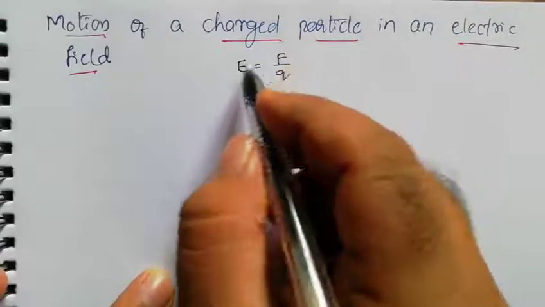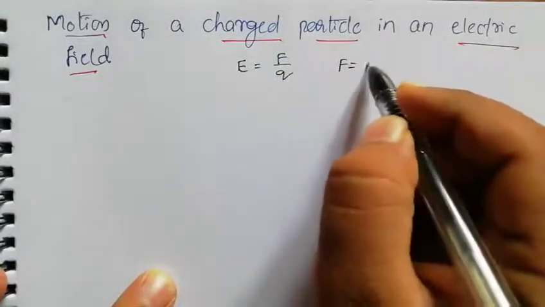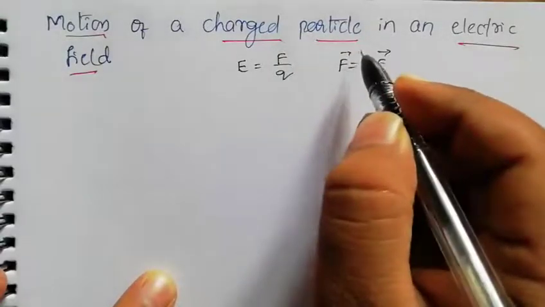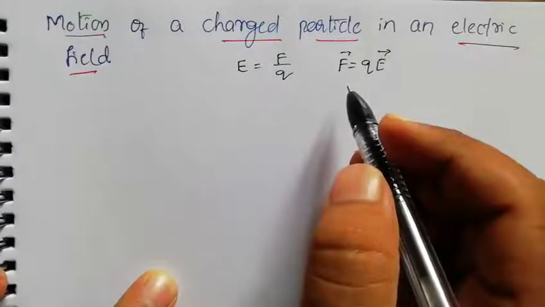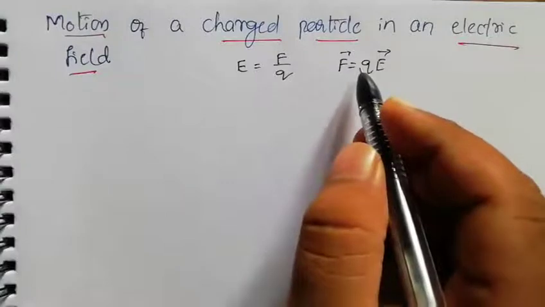So if I write F equal to Q into E, for a positive charge, as we know already, the force is going to be in the same direction as the field. For a negative charge, it is going to be in the opposite direction, so we get a negative sign here.